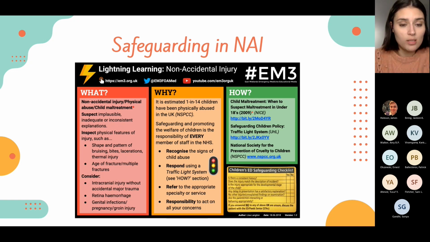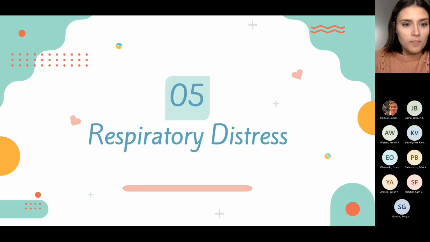They do them for a lot of conditions in emergency medicine. So I've just put that summary there: what sort of things you're looking for, what you should consider, and how that relates. And then it's got some guidelines for you there. I thought in particular on this one, the safeguarding checklist is very, very helpful, because it reminds you of the sort of things to ask and look for. And then you can weigh up and balance out whether there could be a risk of non-accidental injury.